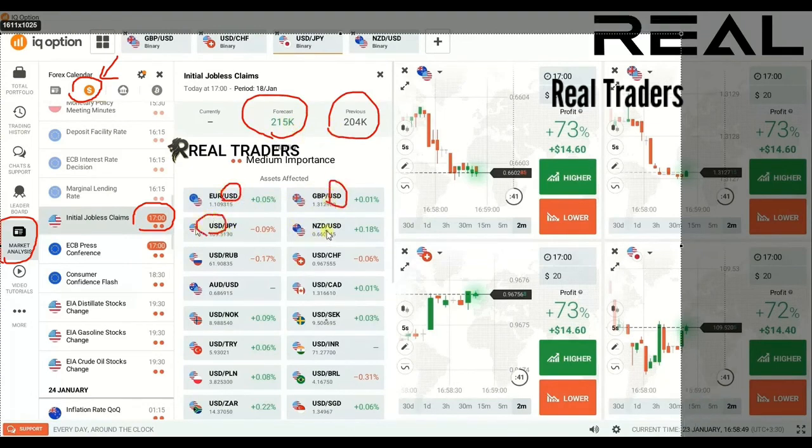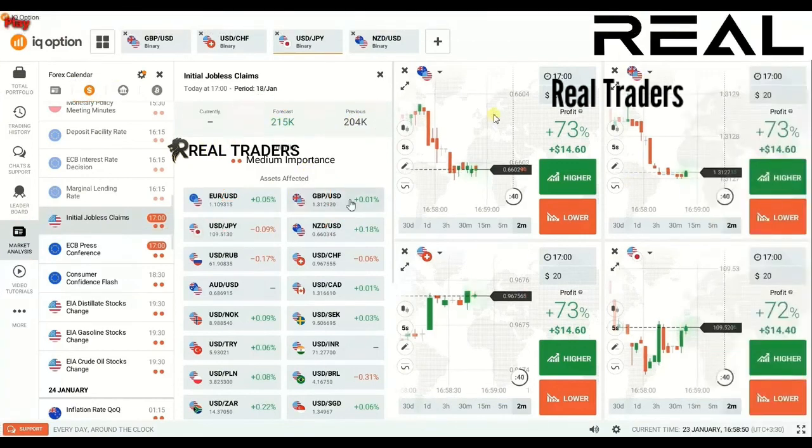It is showing us the price of the USD will go up, it will increase because it is green. It is more than the previous, so the price will go up, and we can trade here.